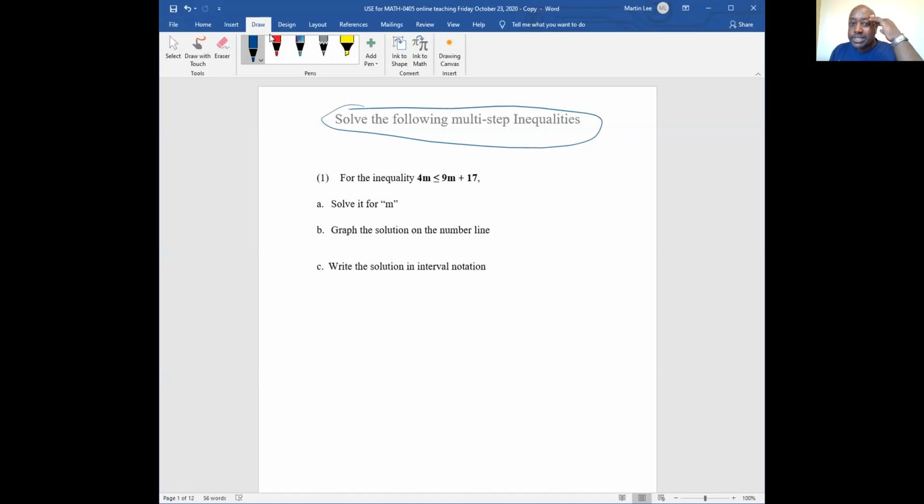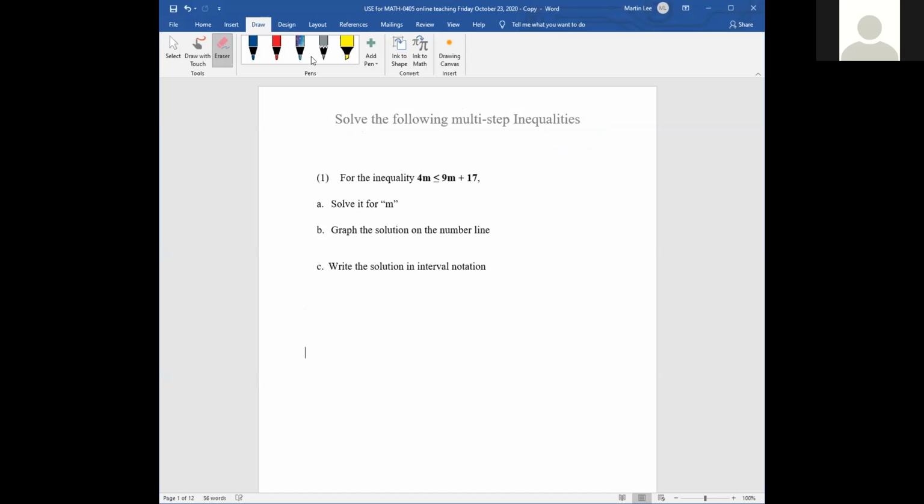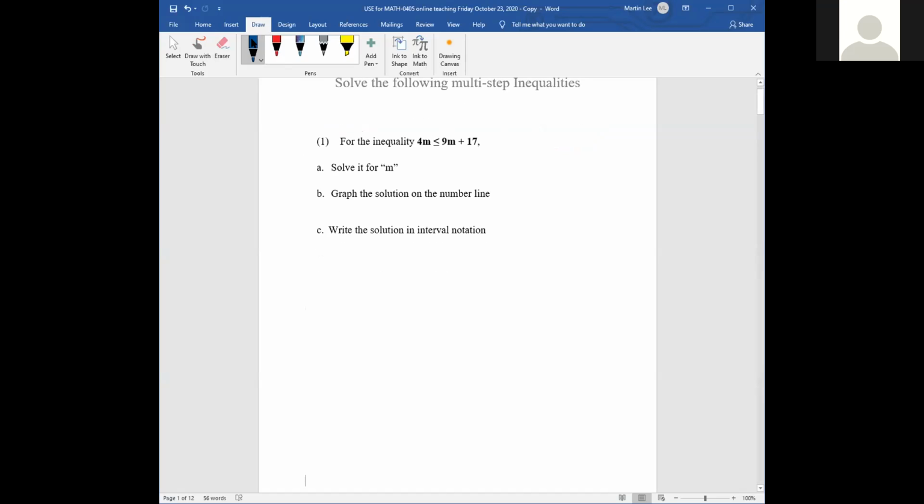Solve the following multi-step inequalities. Did that show up okay? Yes, sir. Okay, all right. So for number one, you have to solve, graph, and then write the solution in interval notation.